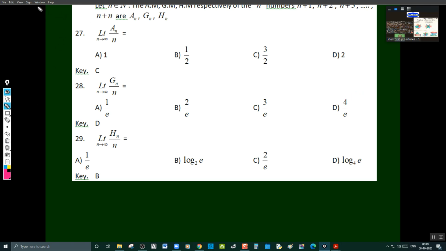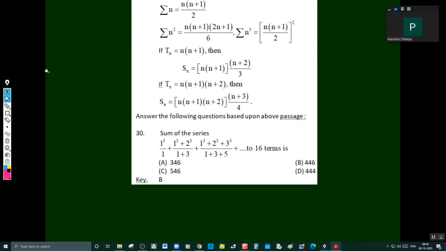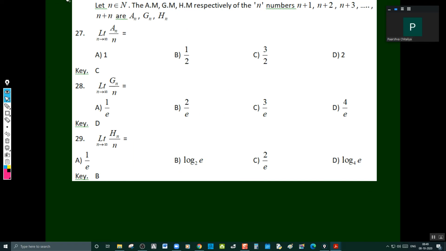Anyone, do you tell me what is the harmonic mean? n upon 1 upon n plus 1 plus 1 upon n plus 2 up to n चलते जाएगा.